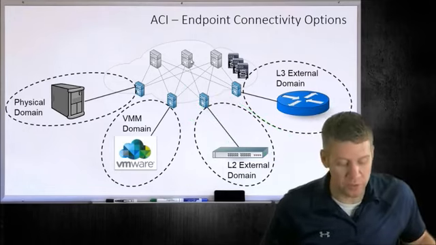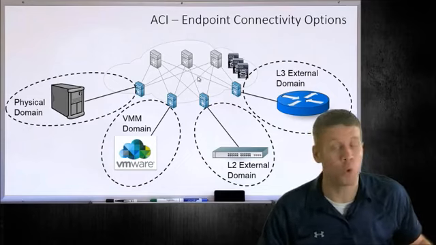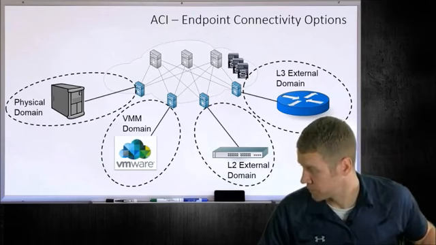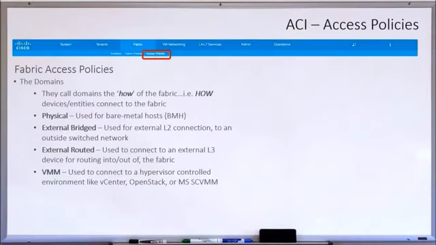These are really the big four that we'll be dealing with quite a bit as we move forward in our discussions and demonstrations. Now, these domains are typically called the how of the fabric, meaning how do we connect devices to the actual ACI fabric, and this is through one of those four domain types: physical, external bridged, external routed, and virtual machine manager.